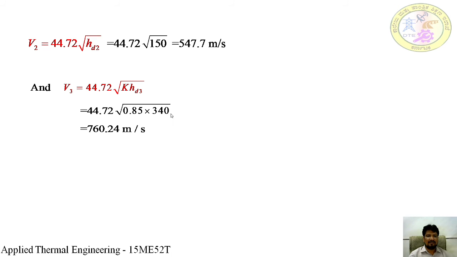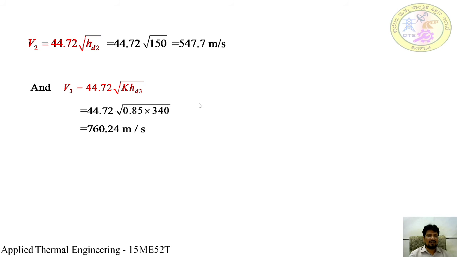HD3 is 340. After calculation of this, you will get 760.24 meter per second. So this is the value of V3, and this is the value of V2.